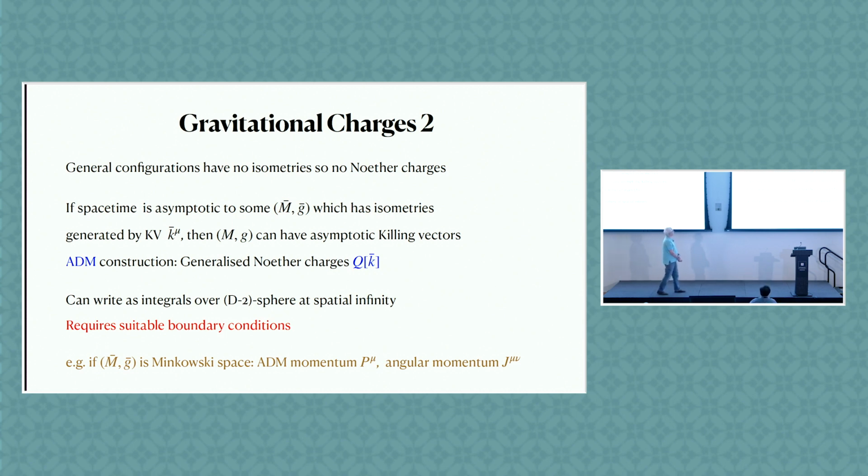Nonetheless, if it's asymptotic to a space which has isometries, then you can construct charges at infinity, integrals at infinity involving asymptotic Killing vectors, giving rise to the generalized Noether charges. Again, these are written as integrals over spheres at spatial infinity and require suitable boundary conditions. For asymptotically flat spaces, you get the familiar momentum and angular momentum defined in general relativity in that way.